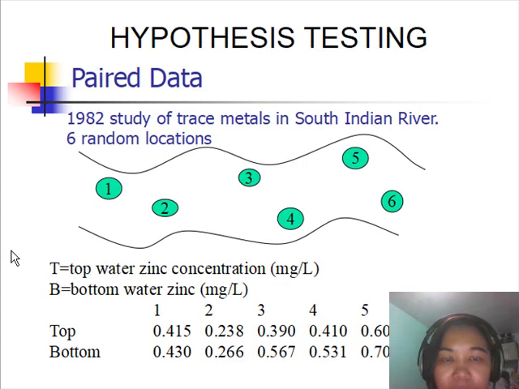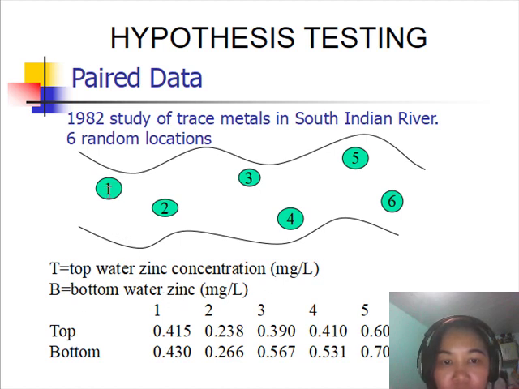So this time, we will discuss paired data sets. Let's take this example: a 1982 study of trace metals in the South Indian River. There are 6 random locations: first, second, third, fourth, fifth, and sixth. T refers to the top water zinc concentration. B refers to the bottom water zinc concentration.